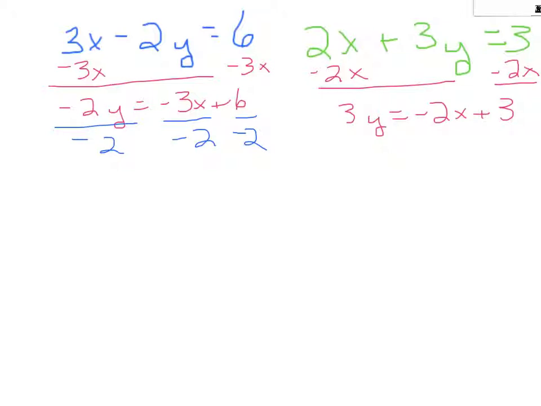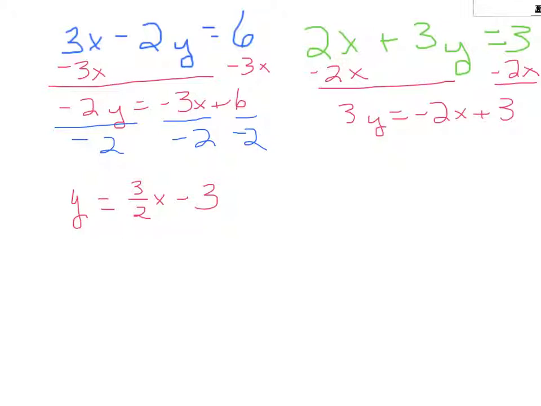So that leaves y equals negative 3 over negative 2 is positive 3 halves, because a negative divided by a negative is a positive. 3 halves x, and then it's plus 6 over negative 2. 6 over 2 is 3, and anything divided by a negative is going to be a negative. Any positive number divided by a negative is going to be a negative.